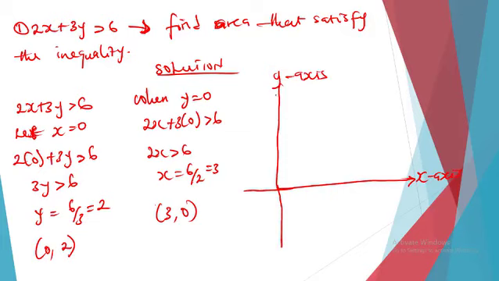Here is our 0, here is 1, here is 2, and this is 3. Let us start. The first coordinate, when x is 0, y is 2.